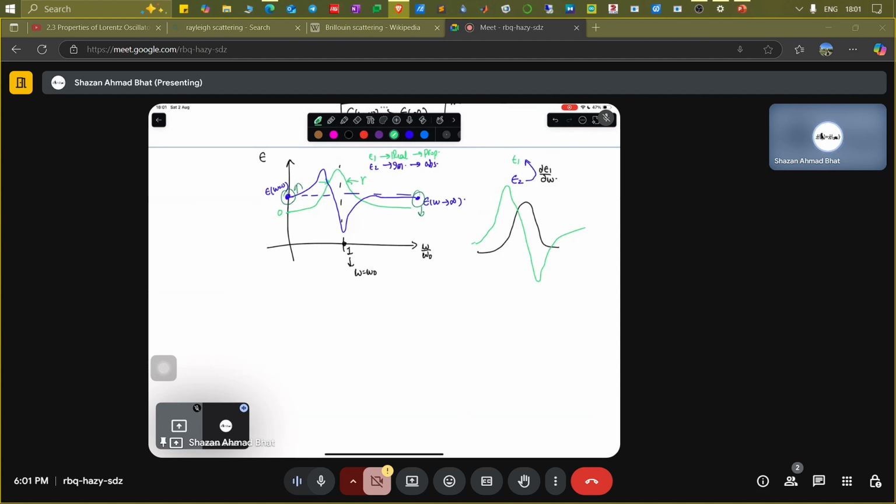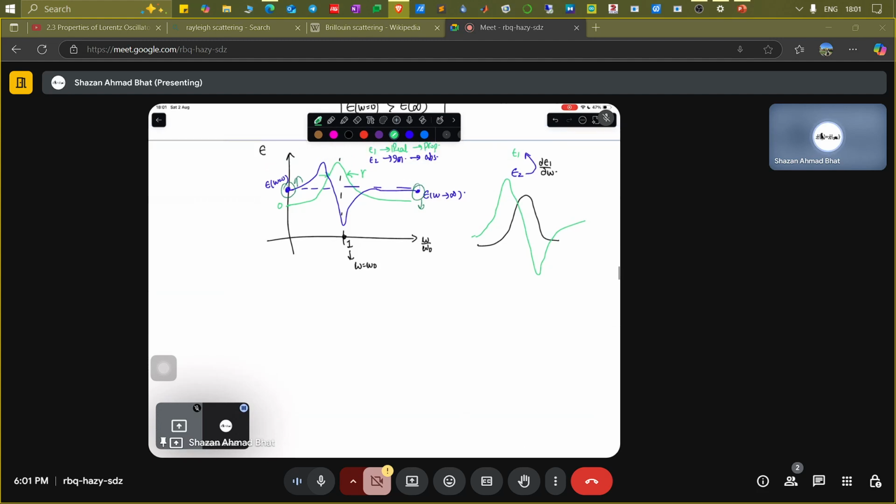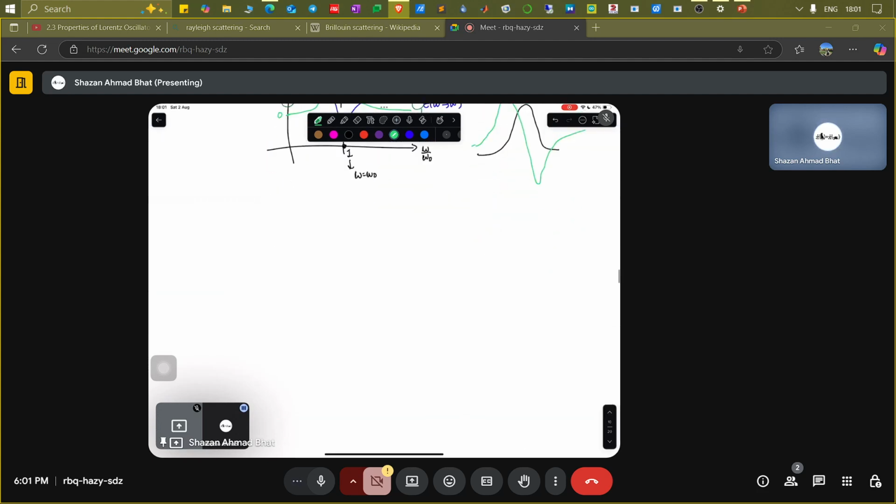This is the derivative of it. That is the notion: if epsilon is equivalent to epsilon 1 plus i epsilon 2, then epsilon 2 is basically the Hilbert transform of epsilon 1. And the Hilbert transform is basically phase shifted by pi by 2.